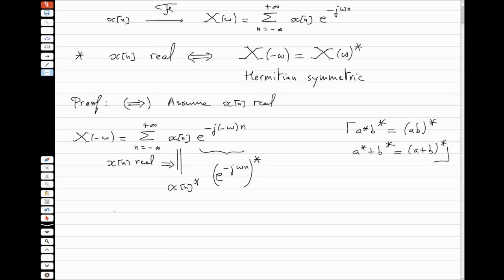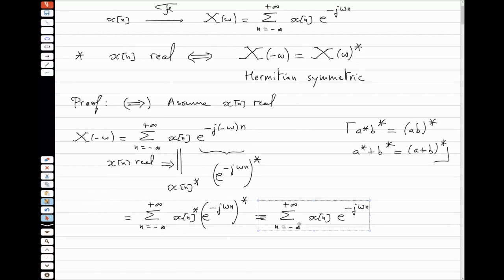So in the end, this is equal to this conjugate, and then applying these properties, I get that the whole thing is conjugated, which is X of omega conjugate. Right? So I have proved this implication.